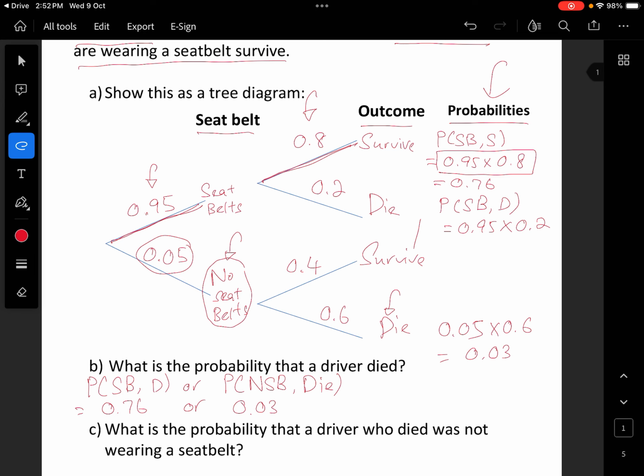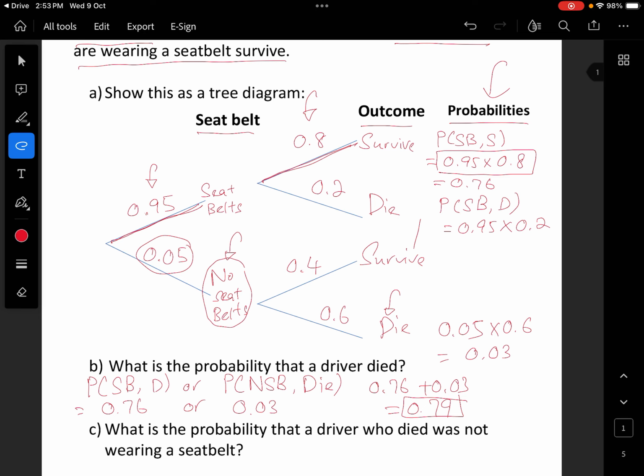You could have this outcome or another outcome. These are what we call mutually exclusive events, and when that happens, you simply add the two probabilities together, which gives me 0.79. Again, very straightforward. We're just using the information given on the tree diagram to calculate the probabilities, and it all comes down to understanding what independent events are and what mutually exclusive events are.